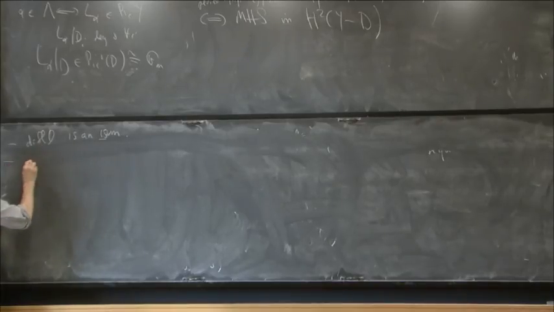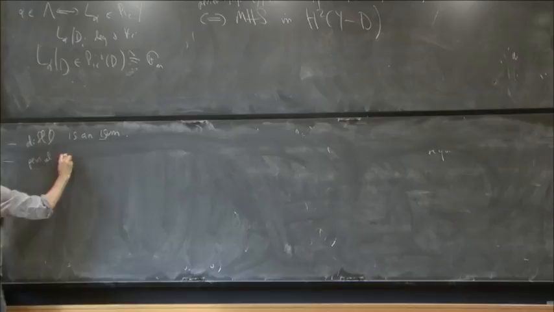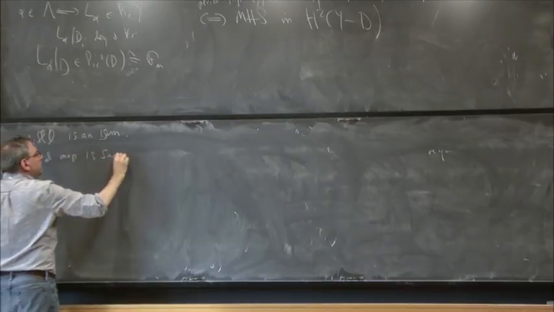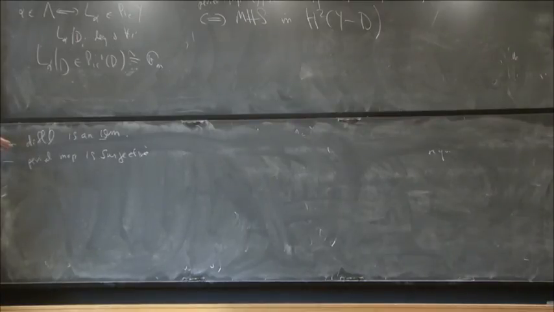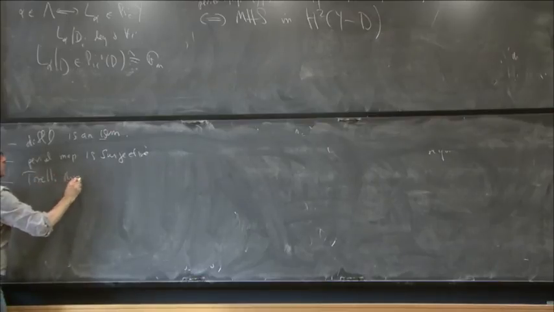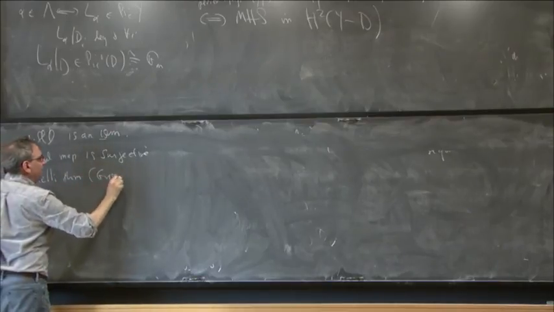Second of all, it's easy to check that the period map is surjective. Unlike the case of K3s, this is an elementary argument. You can write down a family of deformations. Given a homomorphism from lambda to G_m, you can write down a family of deformations where you can assume, say, the monodromy is trivial to be able to identify the fibers, and you can assume that you get any given homomorphism. And then there's a more refined Torelli theorem, which I won't try to state here, which is due to Gross and Hacking.